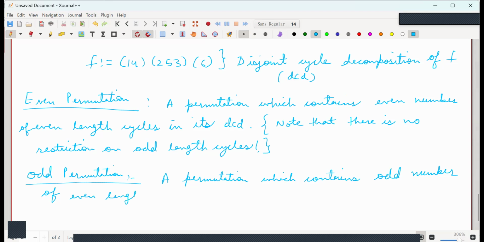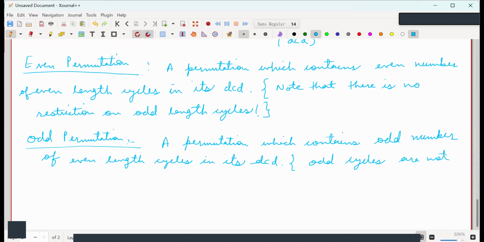So again, odd cycles are not playing any role in the definition, right?